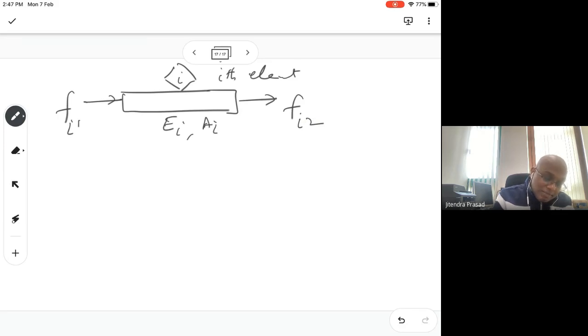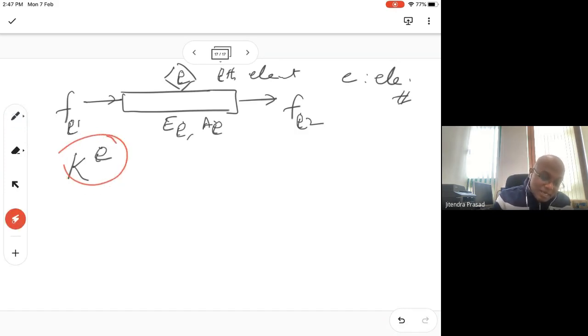So the stiffness matrix of the eth element, Ke. Here e is the element number. So Ke means the stiffness matrix for the eth element.